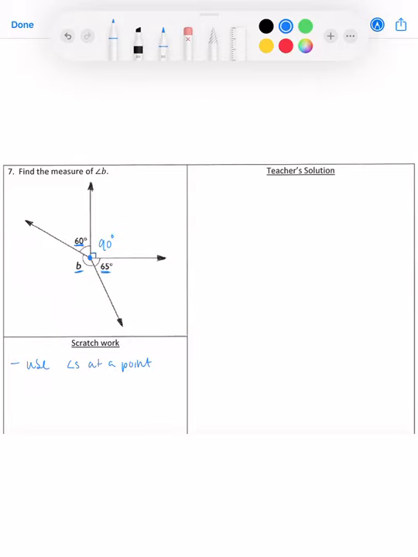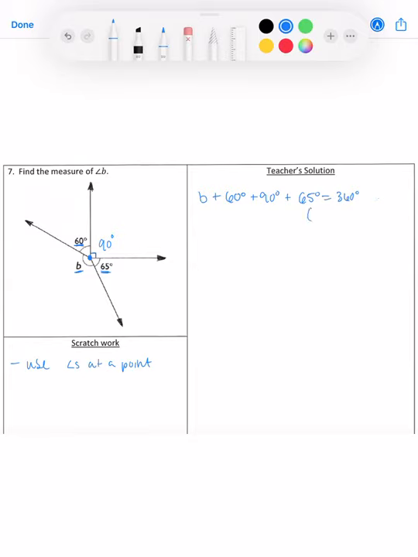So let's go ahead and do that in our teacher solution. I'm going to start with B plus 60 degrees and go around in a clockwise circle, plus 90 degrees plus 65 degrees is equal to 360 degrees. In this long equation, I don't really have much room for my reason right here, so I'm going to write it just a little bit below.